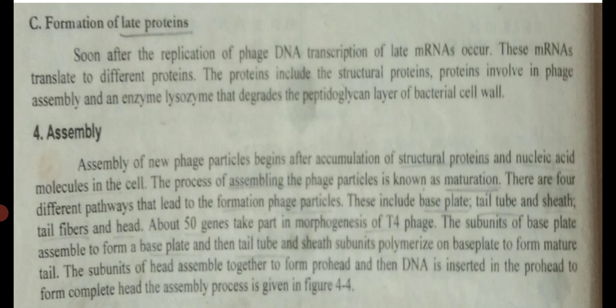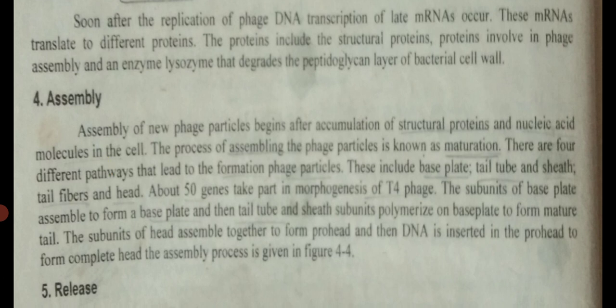The proteins include structural proteins which are useful for capsid production, proteins involved in tail fiber production, and proteins involved in tail plate production, and after production of such proteins, the parts of a virion get formed within the host cell cytoplasm. Next, the fourth event is assembly.